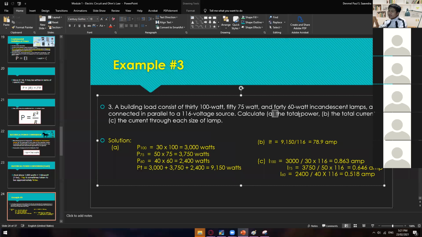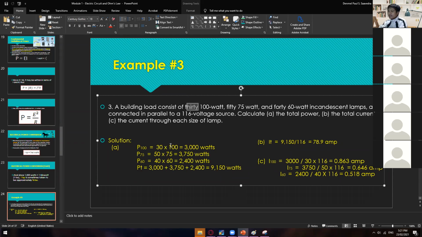So calculate the total power. This one is the simplest one, since all you need to do is get the summation of your P sub 100, which is the 100 watts, and then P sub 75, which is the 75 watts, and then P sub 60, which is the 60 watts, right here. Since they are not only one, we have to multiply them by their numbers.